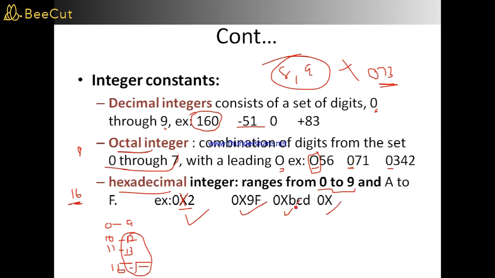So like the octal number, it is also represented with a character x. So the character x followed by any combination is nothing but a hexadecimal number. Okay, I hope you understood the integer constant. There are three types: decimal, octal, and hexadecimal numbers.